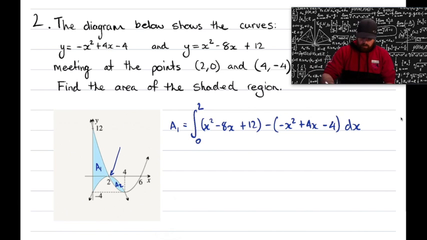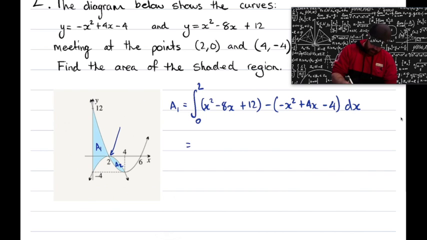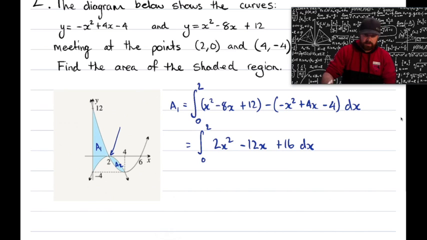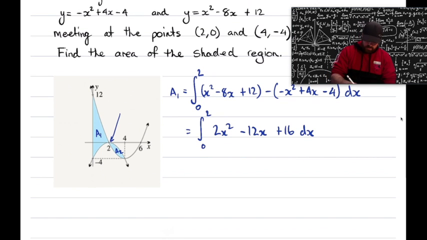Simplifying that expression inside before we do our integration, be careful of negative signs, that negative and that negative there. So we're going to evaluate this between 0 and 2: 2x squared, minus 8x minus 4x becomes minus 12x, 12 minus 4 becomes plus 16 dx.